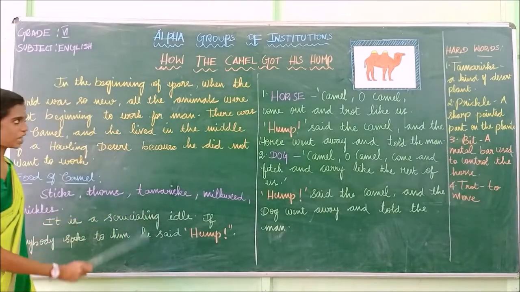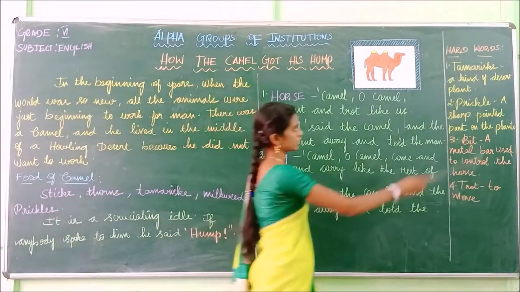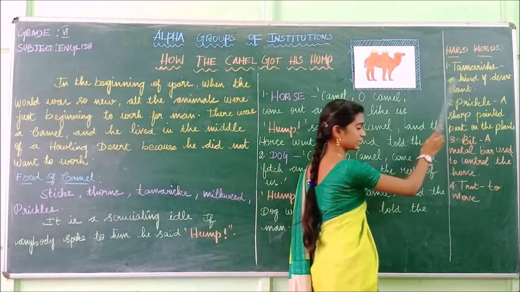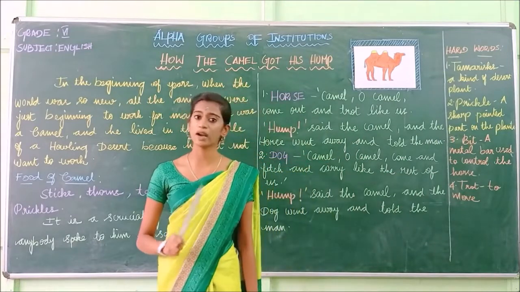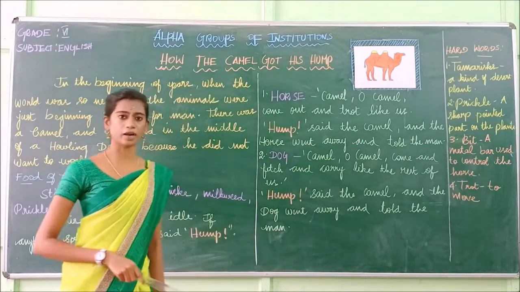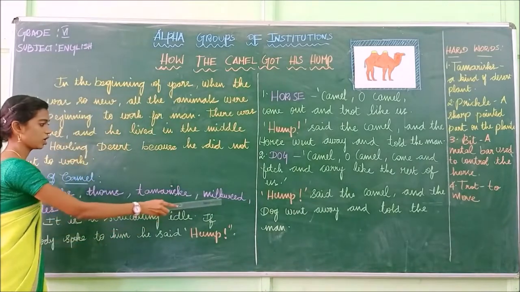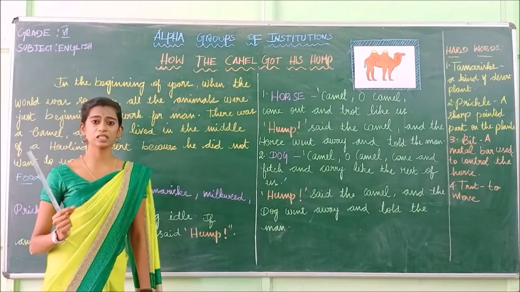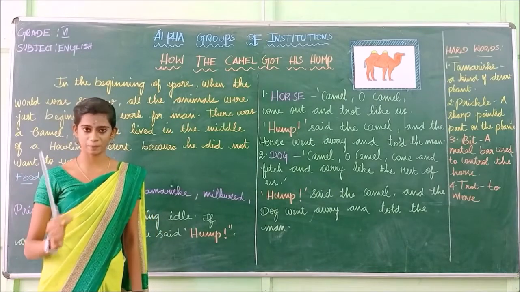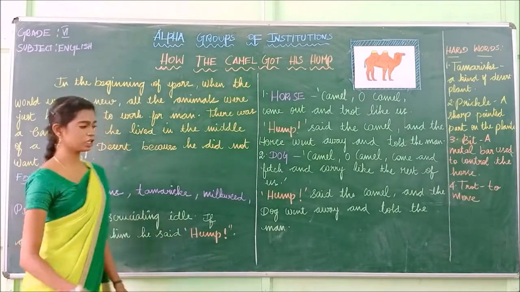Tamarisk. What is meant by tamarisk? Look here. Tamarisk means a kind of desert plant, a plant that grows only in the desert. Next, milkweed. Milkweed is also a plant that secretes milky juice.